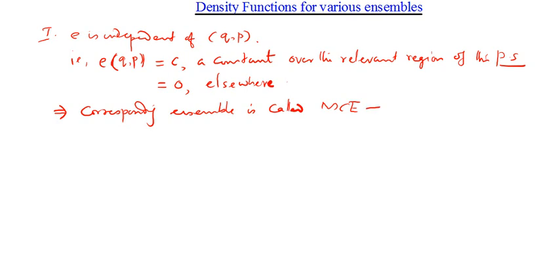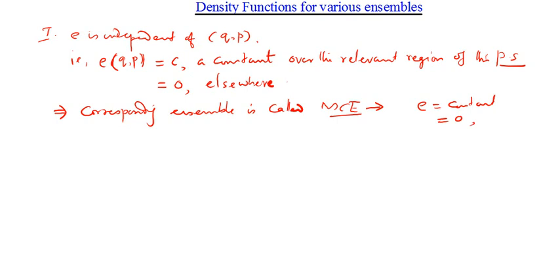Because in the microcanonical ensemble all the possible microstates are uniformly distributed. So this is the feature of the microcanonical ensemble that you remember. For a microcanonical ensemble, rho will be equal to a constant in the relevant region and rho will be equal to 0 outside.